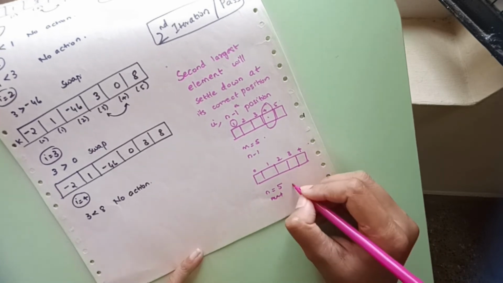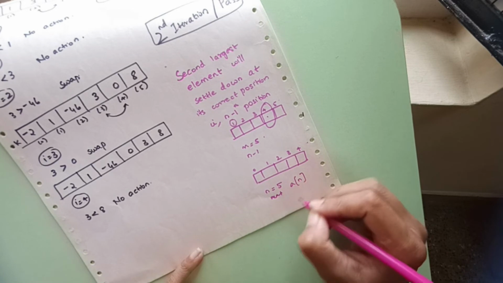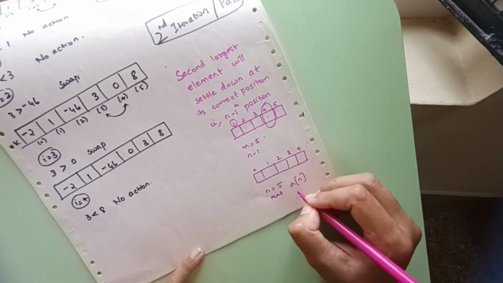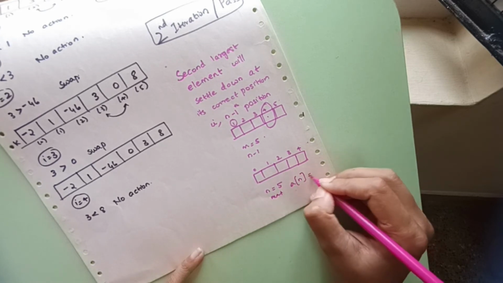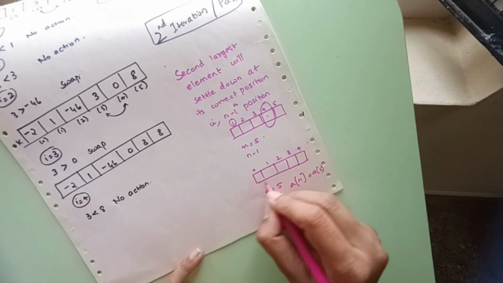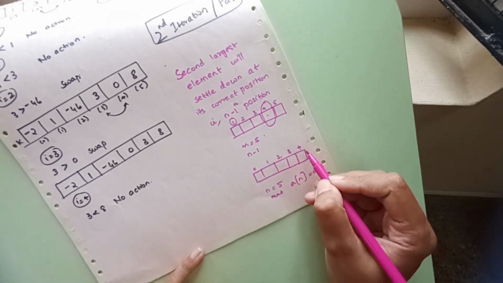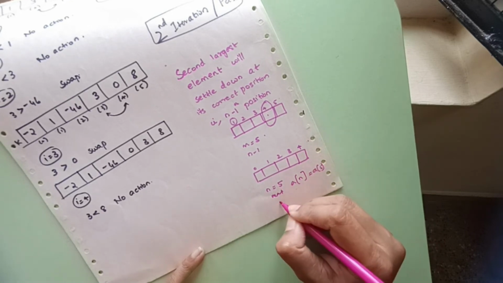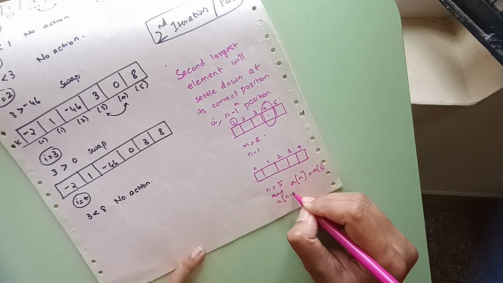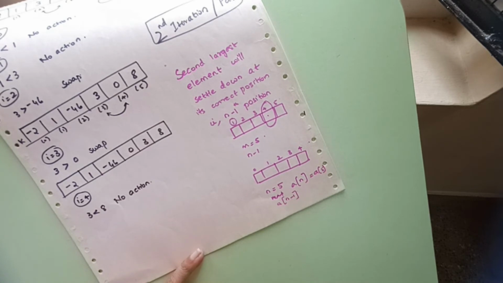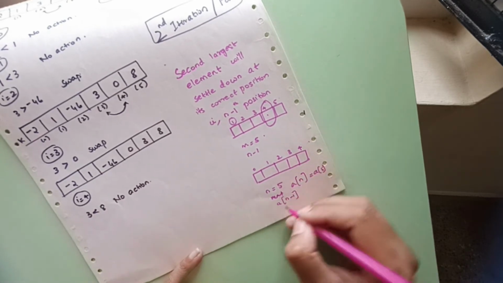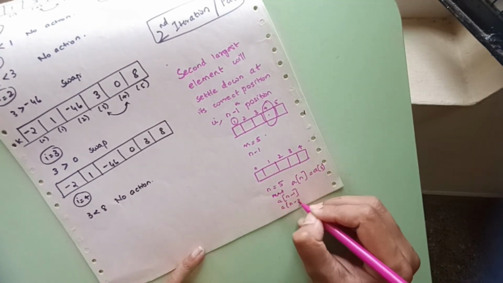So a of n means a of 5, right? In this case, there is nothing called a of 5 because the array index starts from 0 and ends at 4. So the last element will be present at a of n minus 1. The second last element will be a of n minus 2.